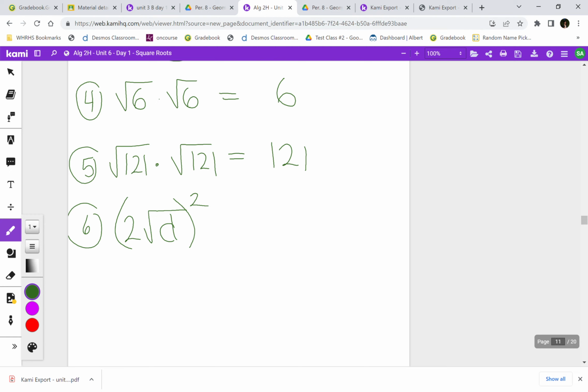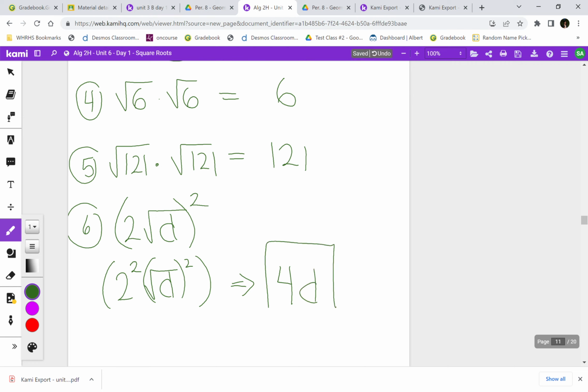Absolutely. So this is the same as 2 squared root d squared. Well, what's 2 squared? 4. What's root d squared? D. Root d times root d is just d, just the radicand.